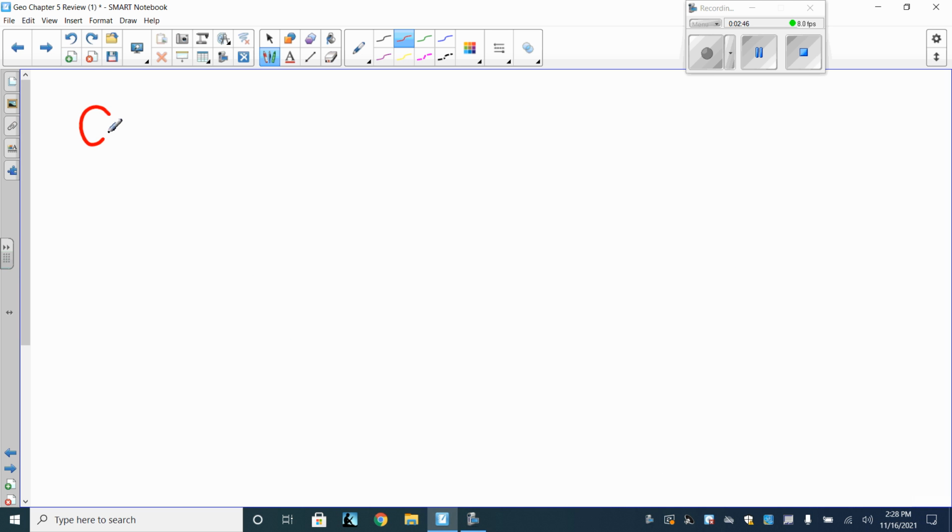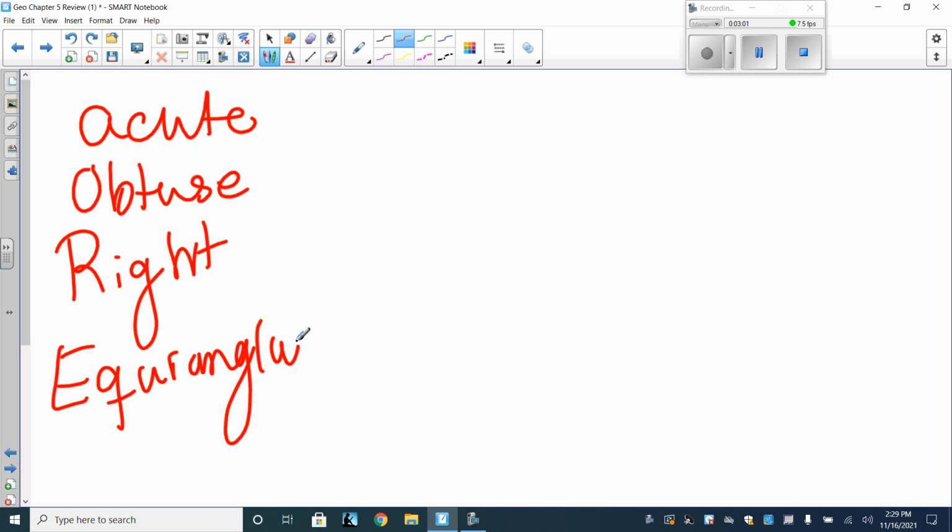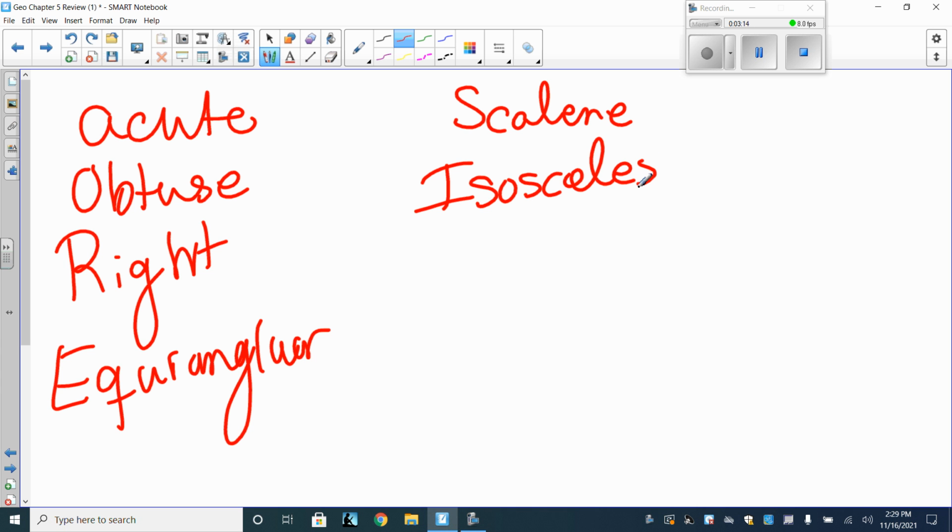So for 1 through 6, for the angles, it's either going to be acute, obtuse, right, or equiangular, if all of them are the same.